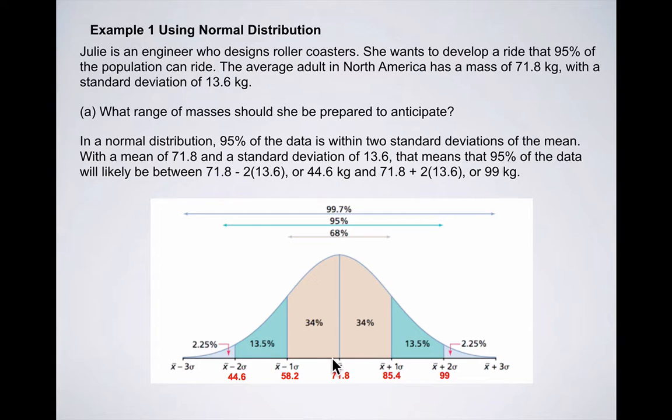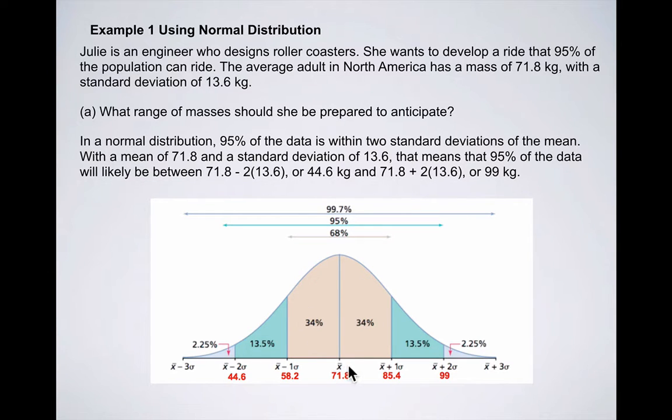Two standard deviations below the mean is 71.8 minus 13.6 times 2, or 44.6. So 44.6 kilograms is two standard deviations below the mean. And one standard deviation below the mean is 71.8 kilograms minus 13.6 kilograms, which works out to be 58.2 kilograms.